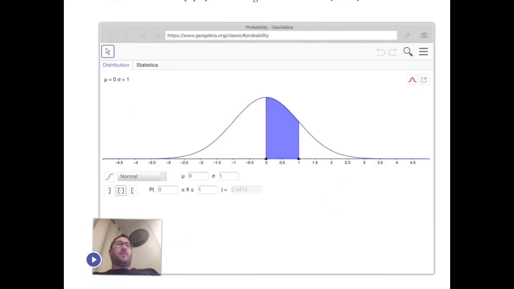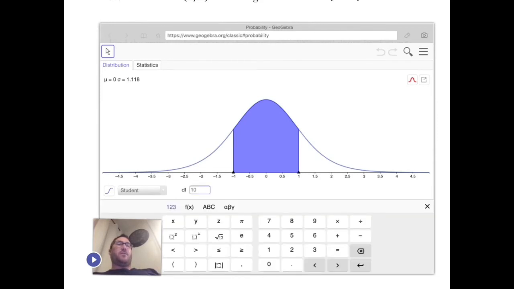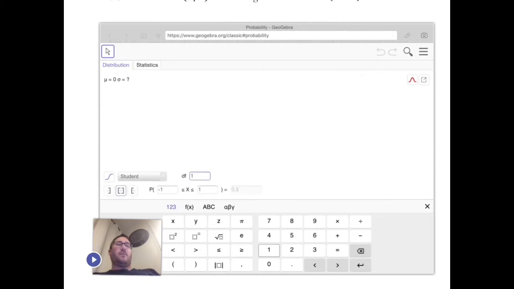Okay, so here is the GeoGebra calculator. On the drop-down menu, we need to select the student option, which is short for the student T distribution. Now we'll change our degrees of freedom from 12 to 11.